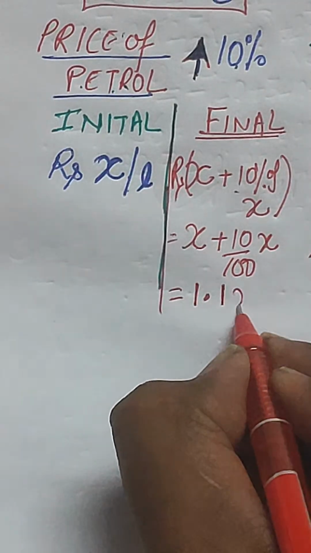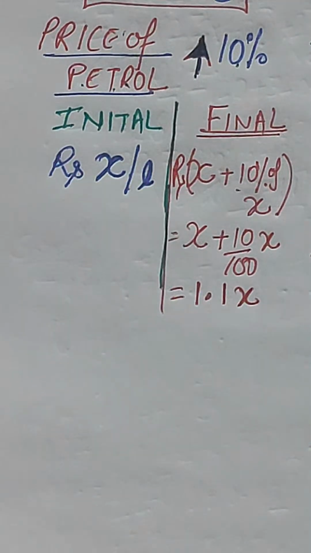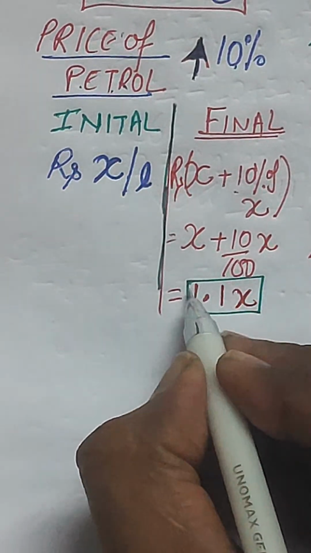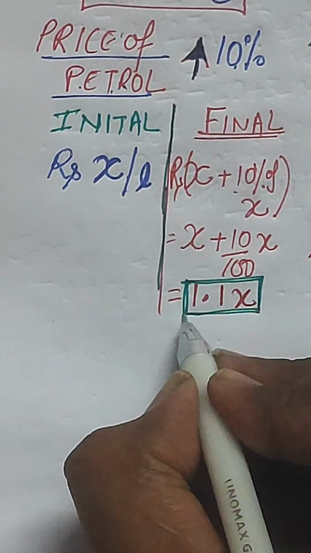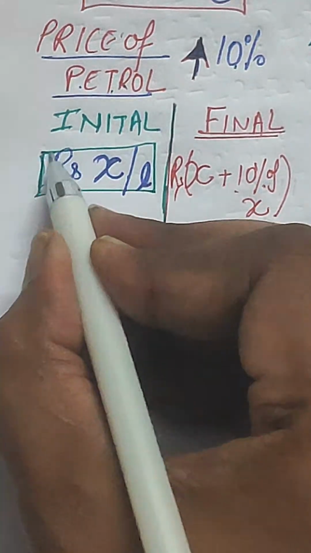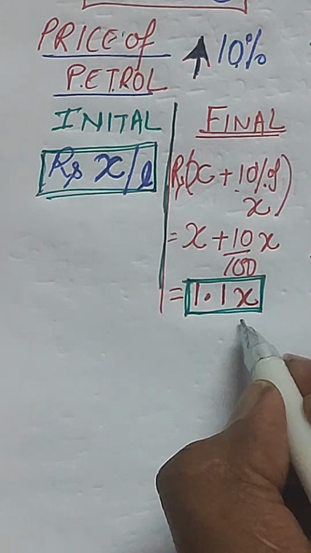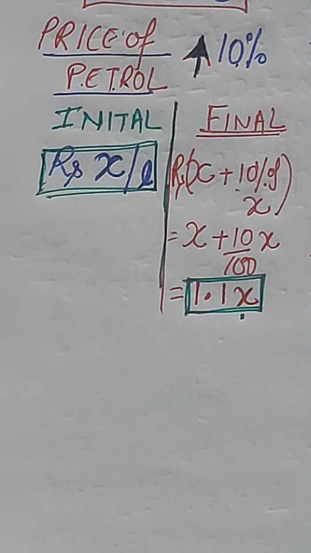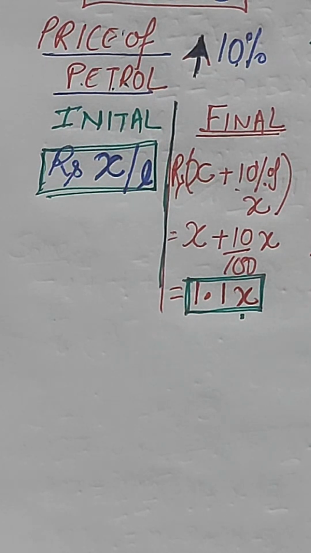So 1.1x is the final price of petrol. So students, you can see the price of petrol per liter initially was rupees x, which is further increased to rupees 1.1x. Now, how much should the consumption be reduced?